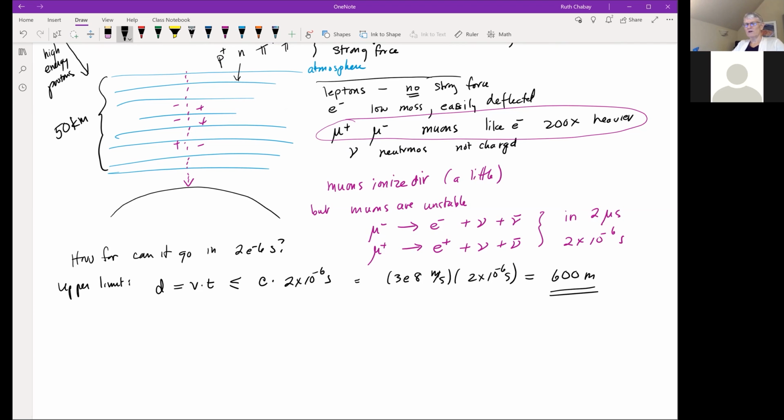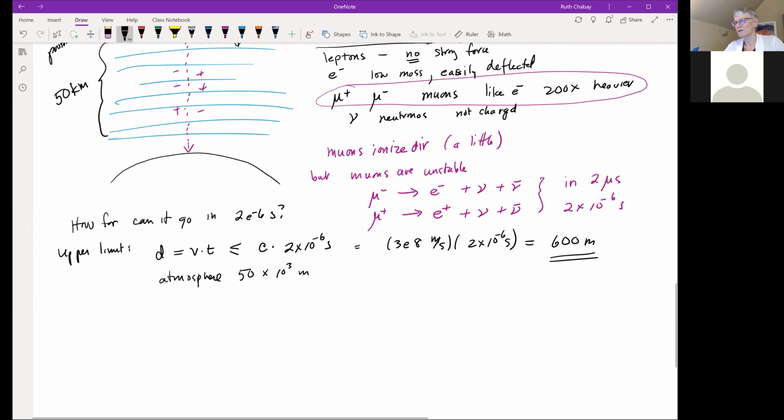So the atmosphere is about 50 times 10 to the third meters. So that can't work, except it does.